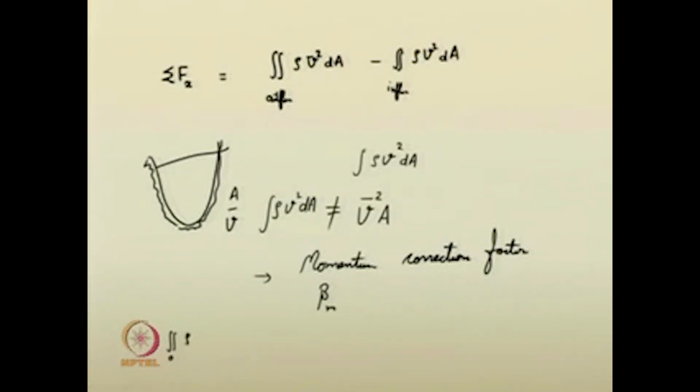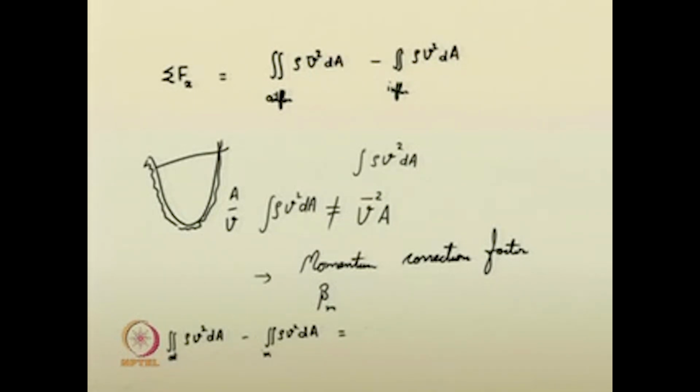So, the above quantity now will become outflow rho v squared dA minus inflow rho v squared dA.